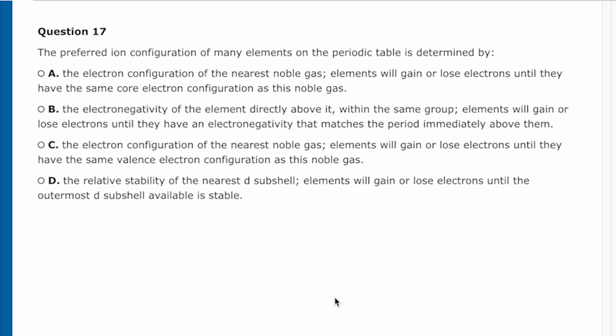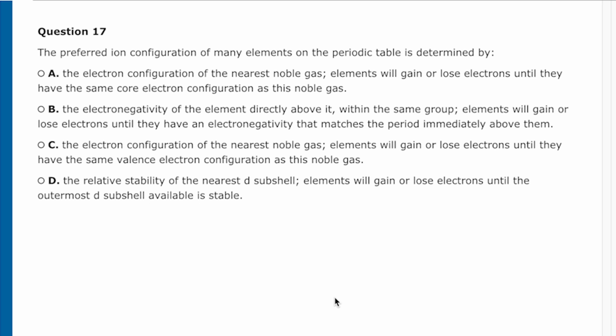I don't know. Without remembering, I'm like, well, A and C are very similar, so I want to make sure that I understand the nuance between those two. So I'm going to stick with A and C as potential and hope that, again, I'm 50-50. And then I have to remember: will elements gain or lose electrons until they have the same core configuration or the same valence electron configuration?